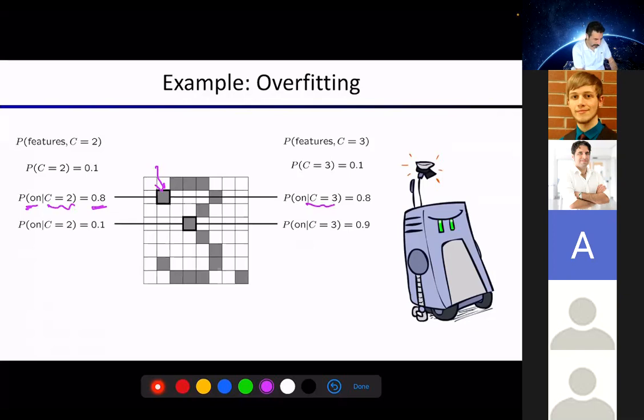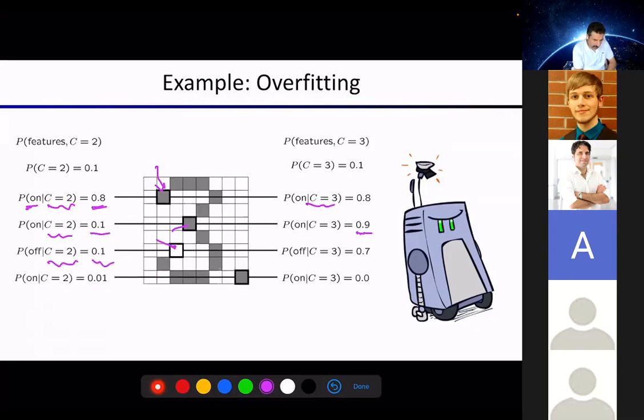For some pixels, example 2 has a very different probability from example 3. But maybe for one of these pixels the probability is really 0.